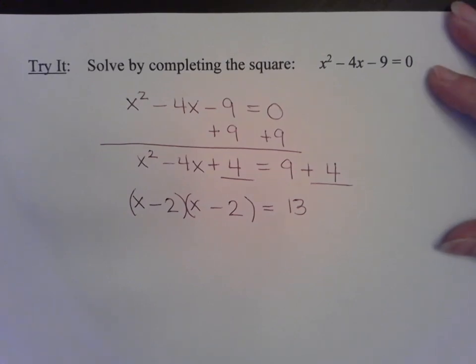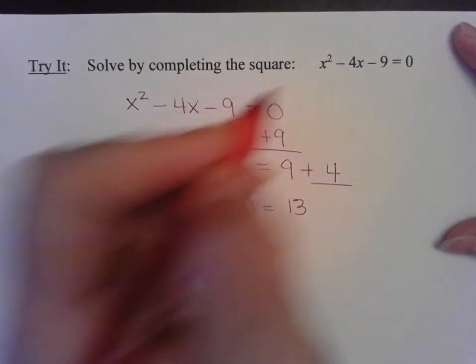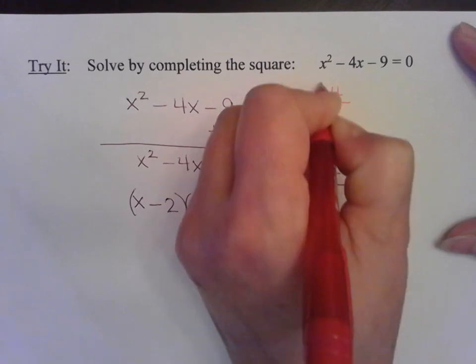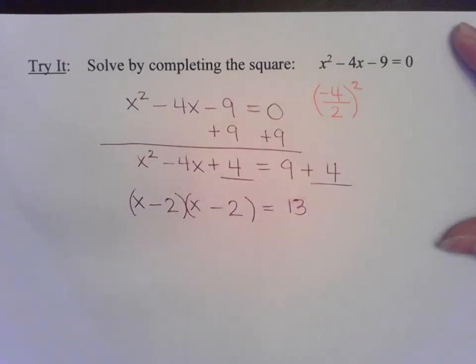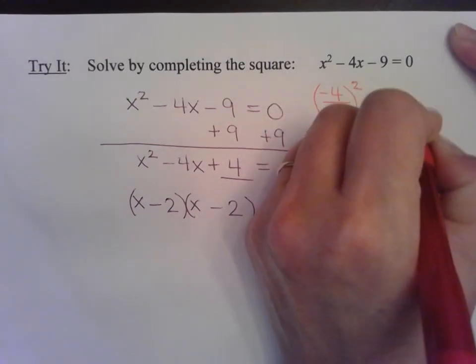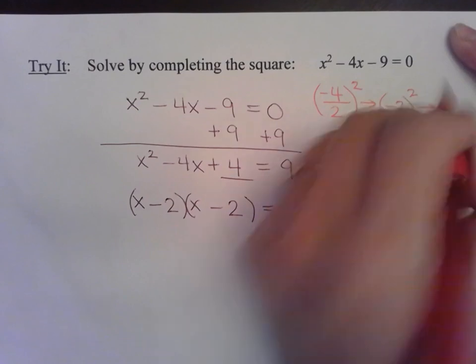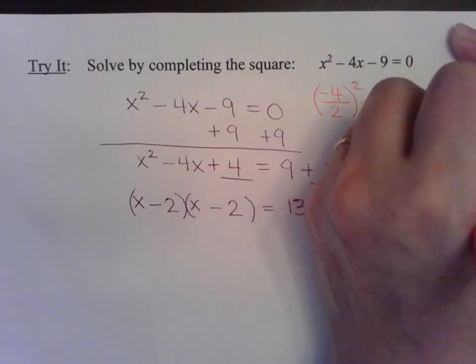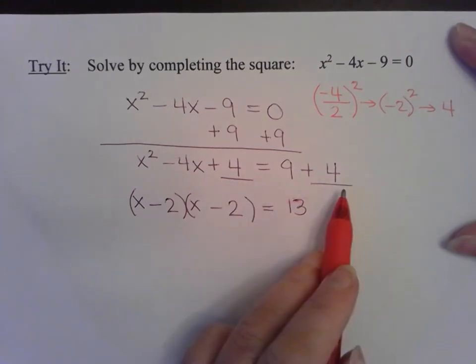Okay, if you want to use the shortcut, up here, we have -4 as our b. We want to divide it by 2 and then square it. So when I divide it by 2, that's what I'm going to see in my factoring, -2. And then I'm going to square it to get the number I need to add to both sides.